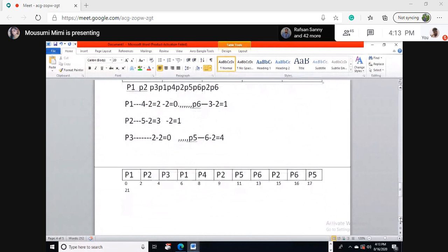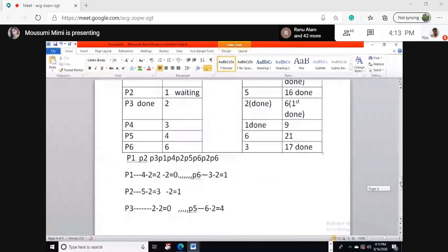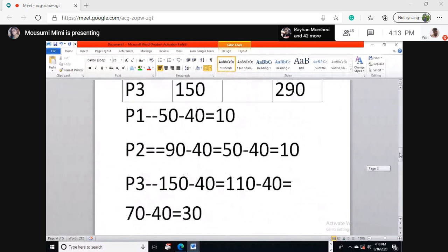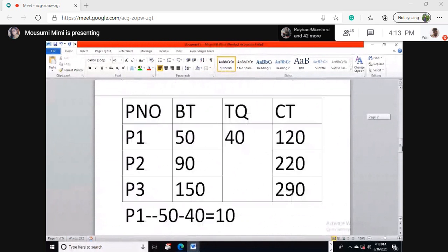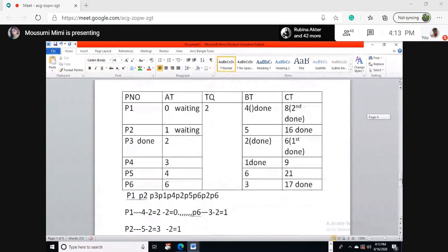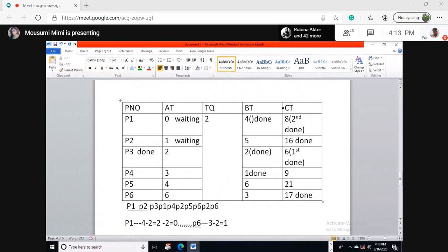Because you have to clearly understand these four algorithms. In the final exam, I will give these four types of algorithm to solve as mathematical problems. If you can at least find the completion time, then you can easily find the turnaround time and then the waiting time, and you will get 100 out of 100 in your written marks.